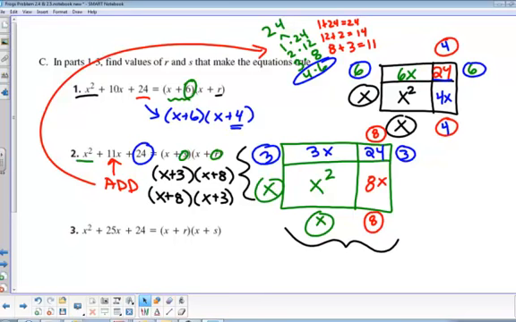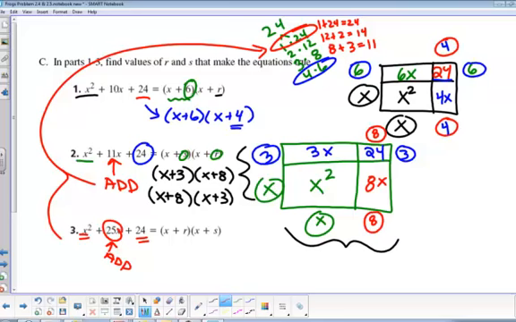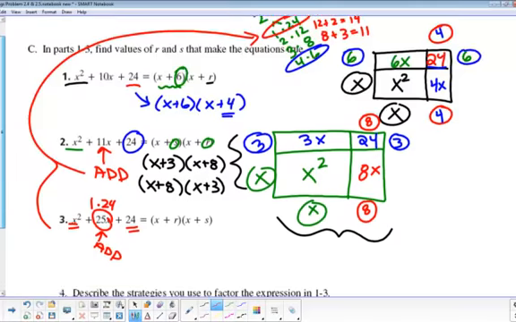And our last one is that same 24 and that same x squared. This time, again, I need to add to get 25. If I follow my path, I already did the work, and I know that 1 times 24 gives me 25.